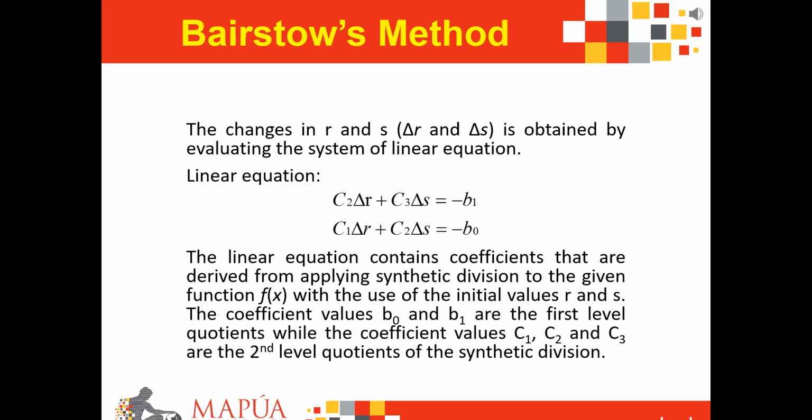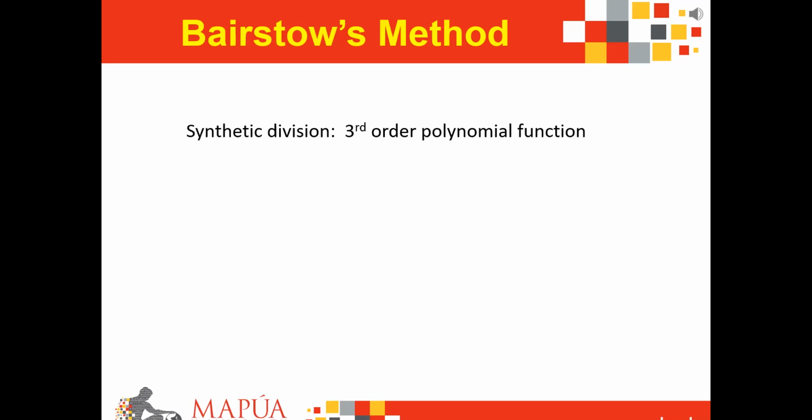The linear equations contain coefficients that were derived from applying synthetic division to the given function with the use of the initial values r and s. The coefficients B0, B1 are the first level quotients, while the coefficients C1, C2, C3 are the second level quotients of your synthetic division.